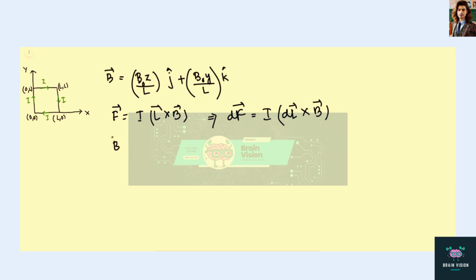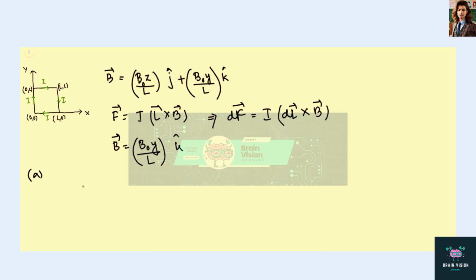Then the B vector will be equal to B0 y over L times k cap, because this term just got 0. Now we are going to apply this to this equation, and we are going to do the first part now.